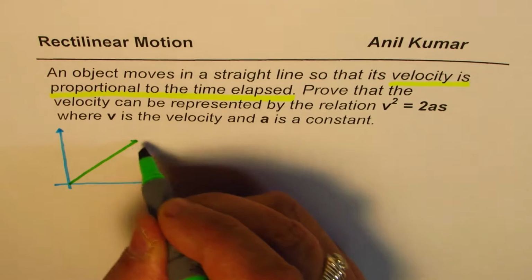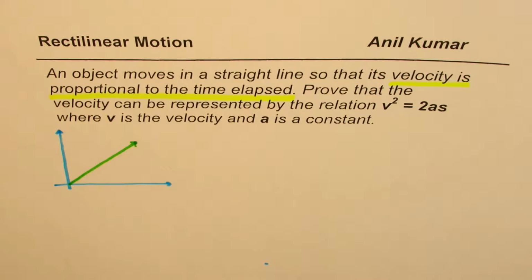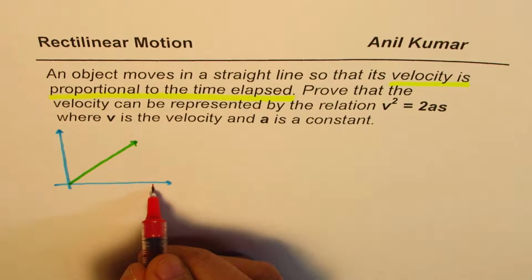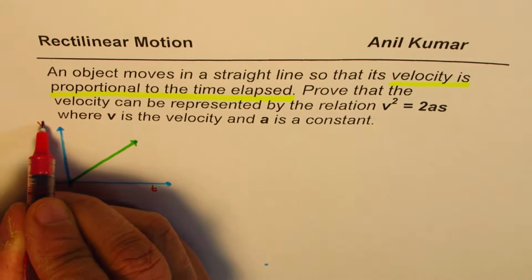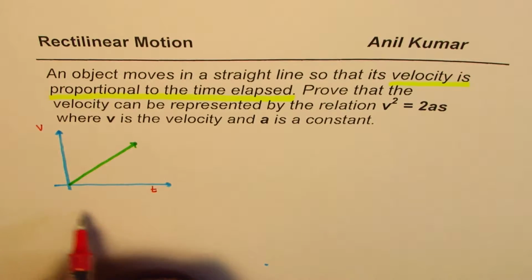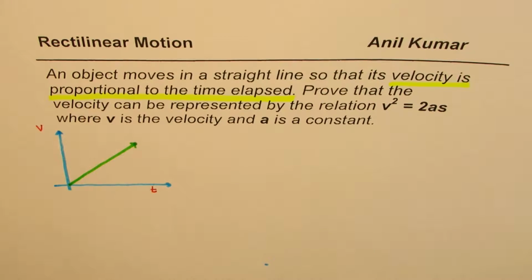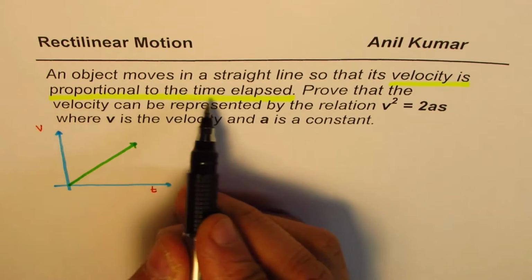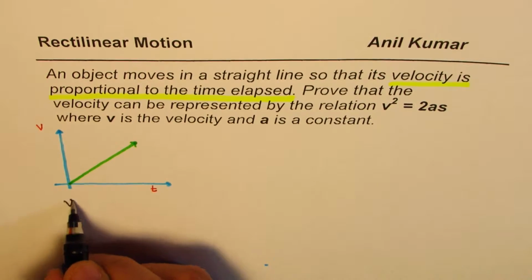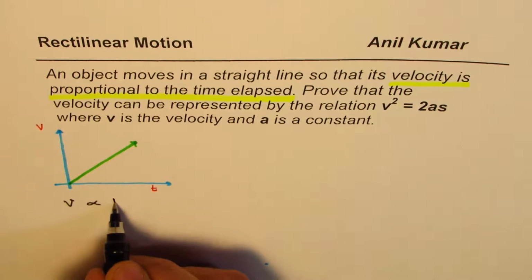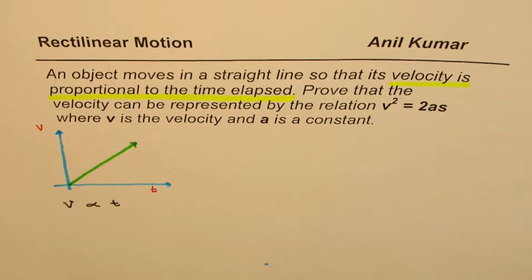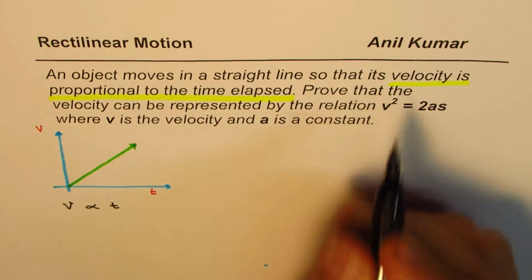That's the graph, where the independent variable is time and the dependent variable is velocity. Now we can write velocity is proportional to time elapsed as v, the velocity, is proportional to t, the time. That is how we could algebraically represent the given statement.